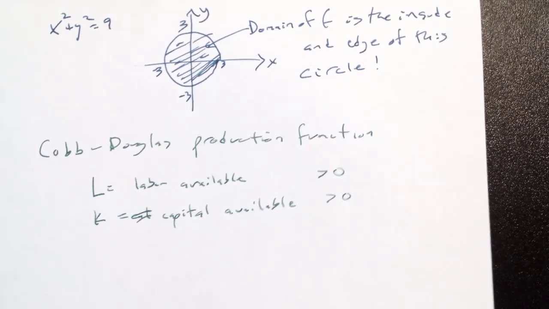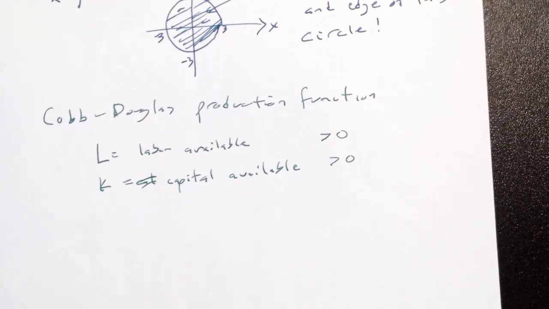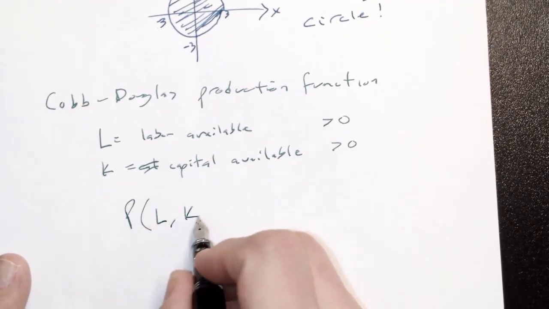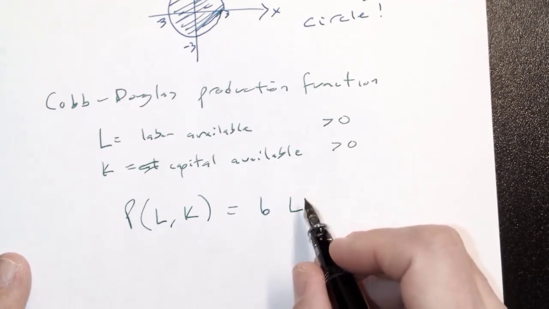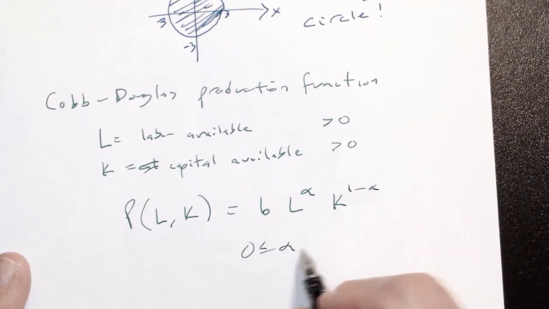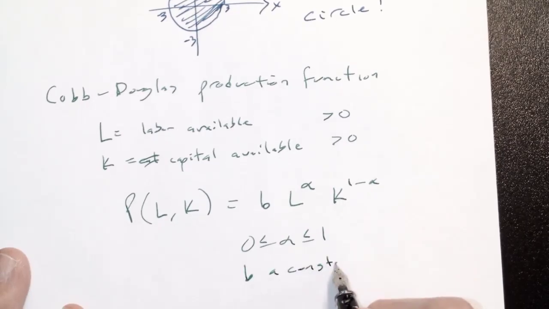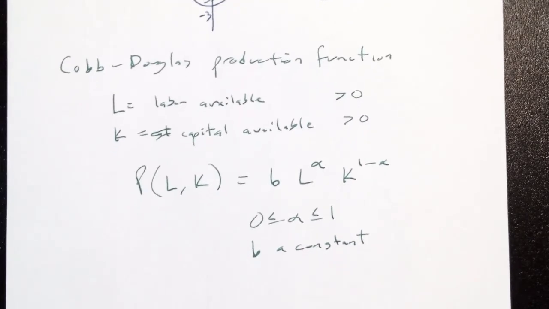Cobb and Douglas together looked at data for a number of factories from a bunch of different years, and they came up with a model that said the production is some constant B times L raised to the alpha and K raised to the 1 minus alpha.